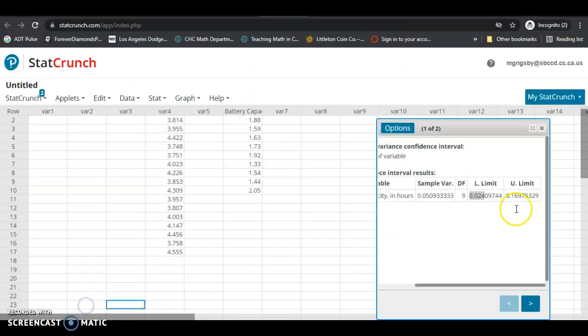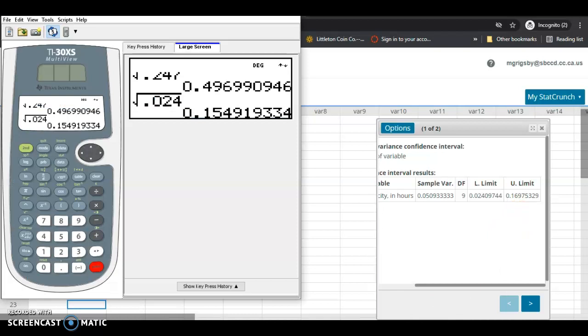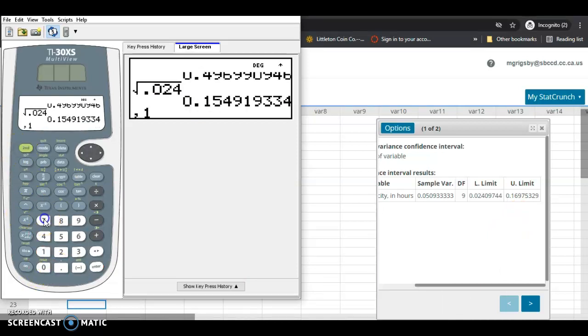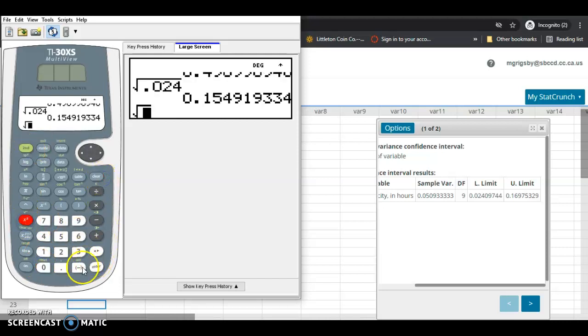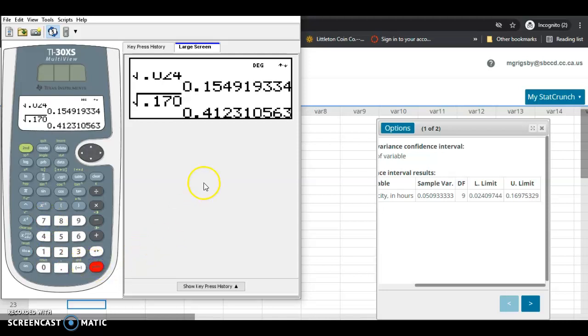Then the square root of the upper limit of 0.170 is 0.412.